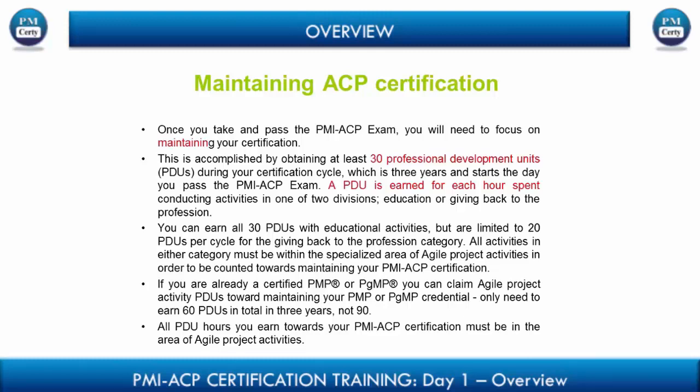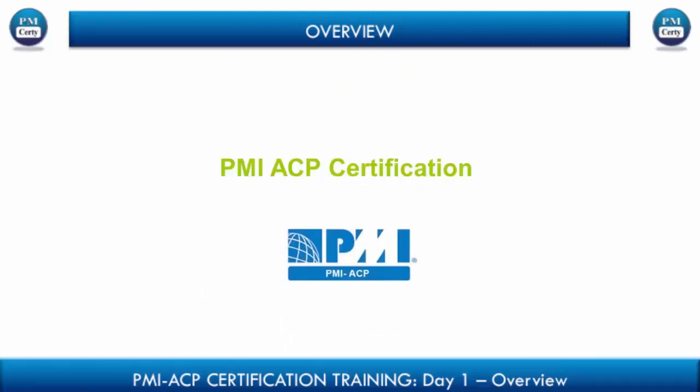The good news is you don't have to add 30 more. You just have to give 60 in total for 3 years. However, the ones for the ACP certification should indicate Agile. You can't do traditional project management and put it towards your PMI-ACP certification. So this is about PMI-ACP.